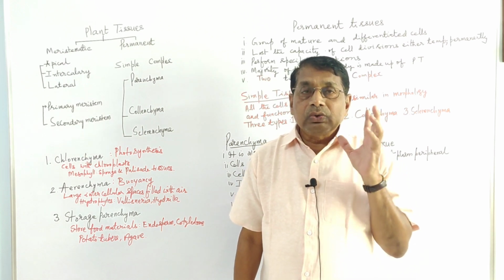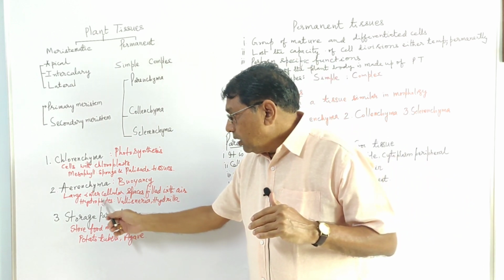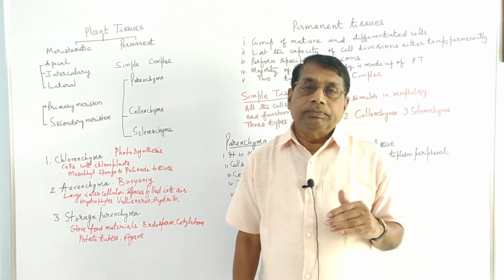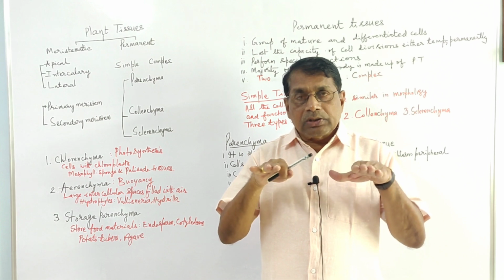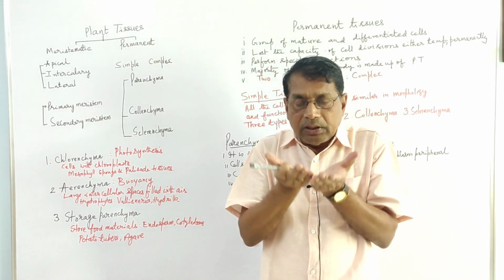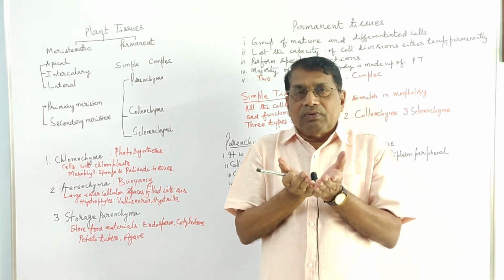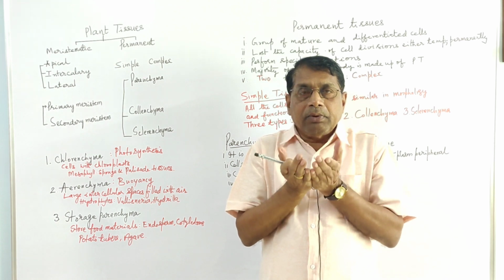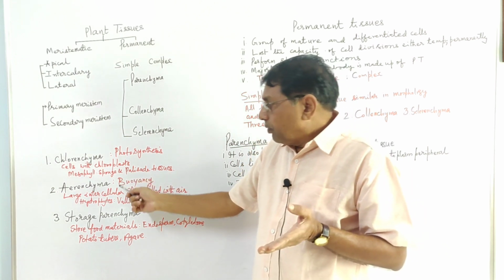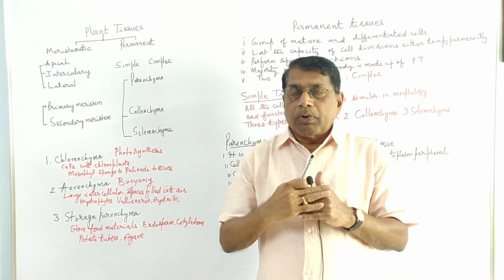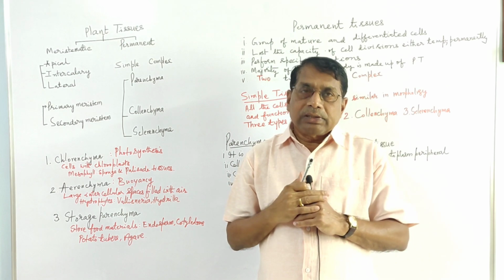This type of tissue is usually found in free-floating hydrophytes like Vallisneria and Hydrilla. There the intercellular spaces are large and filled with air, so that air provides buoyancy and lightness, allowing them to easily float on the surface of the water. So remember, aerenchyma: intercellular spaces large, filled with air.